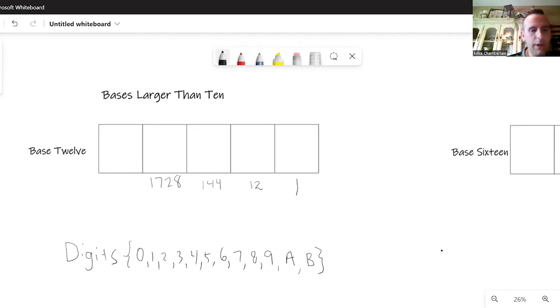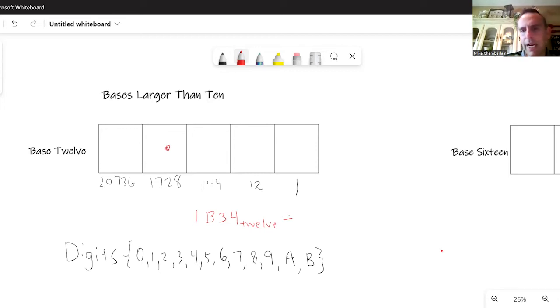If you multiply again by 12, you get the 20,736th place. And so you can see in base 12, the place value gets very large very quickly. Let's take a look at just one example. If I were to give you the number 1, B, 3, 4 in base 12, what I would be telling you is that you have one dot in the 1,728th place.